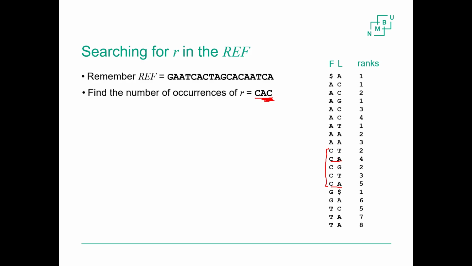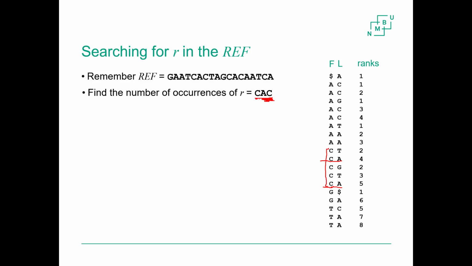Remember that the symbol to the right of the F symbol is the one that is preceding it, we saw in the previous slide, right? So we can actually say there are 2 occurrences of AC in this genome. There were 5 occurrences of only C, but 2 occurrences of AC in this reference of ours.